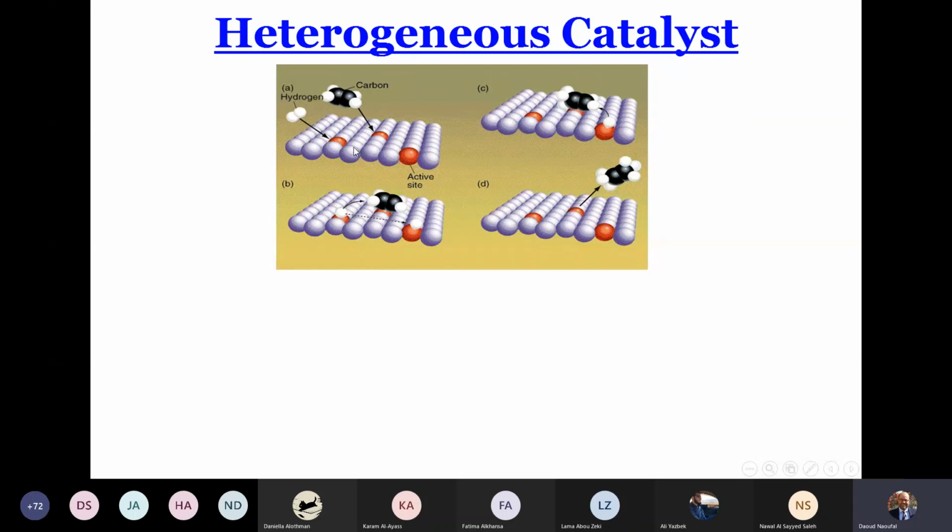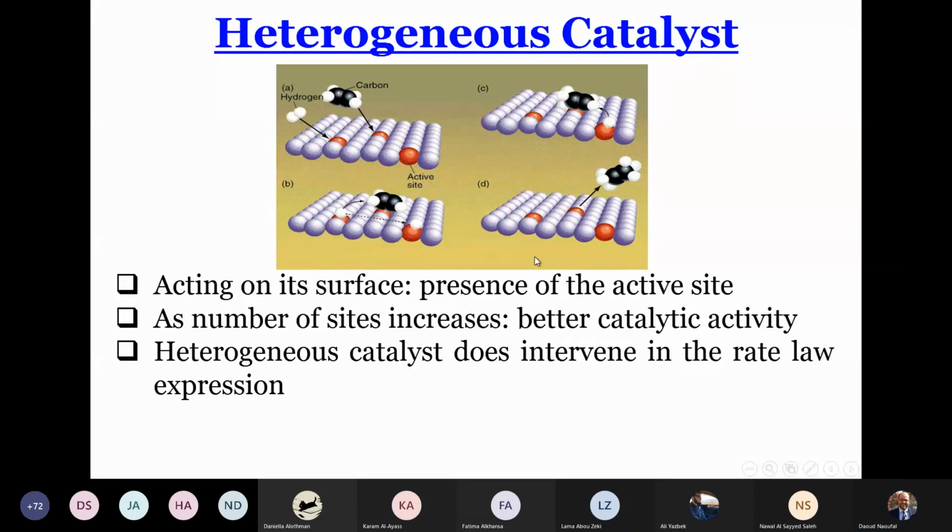Look at the catalyst. The catalyst appears with the reactant, and the catalyst appears with the products, but the catalyst does not appear in the equation of the reaction. So the heterogeneous catalyst acts on its surface, and we need the presence of active sites.